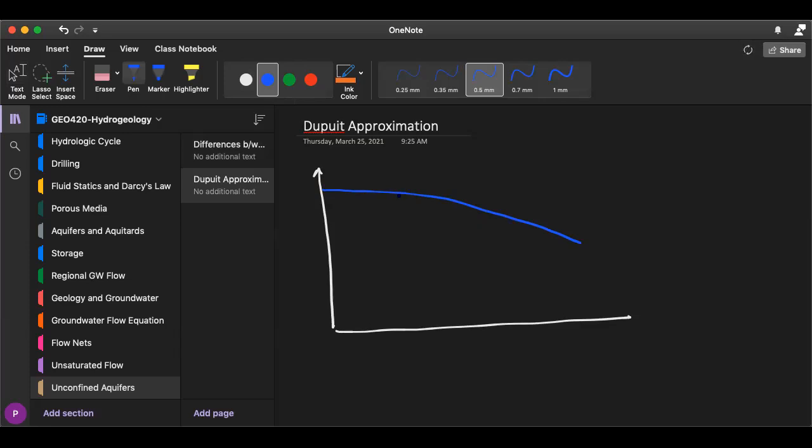If I was to take a flow vector and draw it here along the water table, there should be a tangent line to this water table. I'm going to just fail utterly in drawing one of these, but it looks something like this. This is my true flow along the water table, Qs.